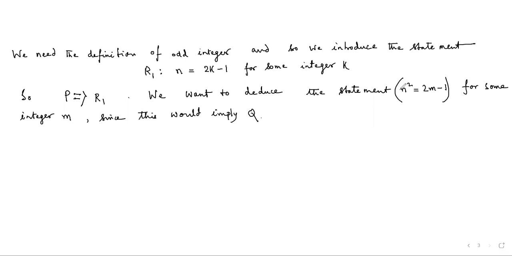Now, if I can show that when we calculate n square, it is also in the form twice m minus 1, then I can say directly that n squared is also an odd integer.